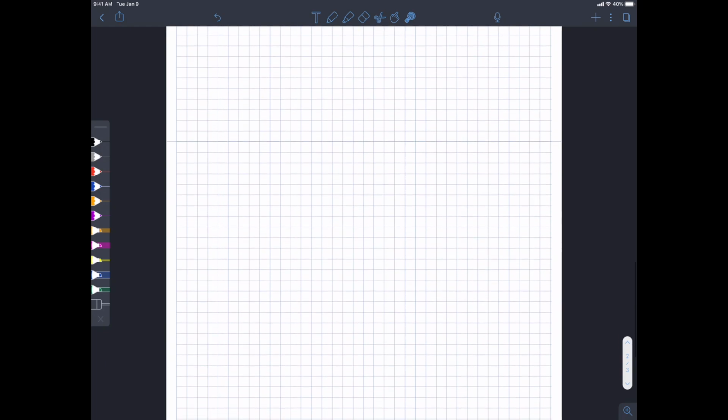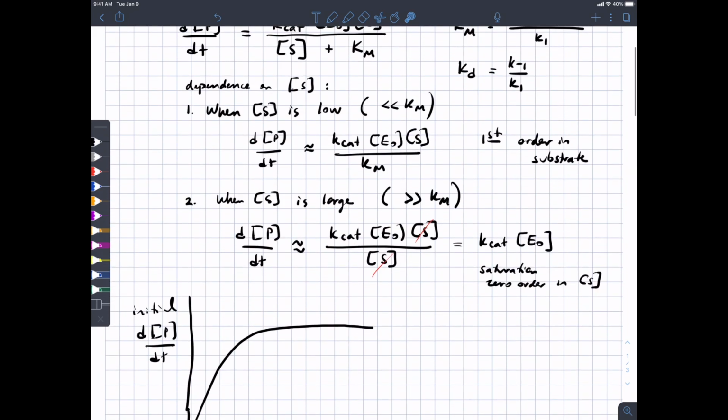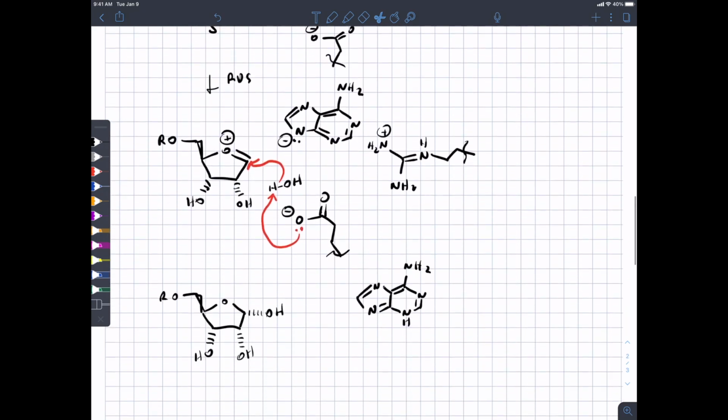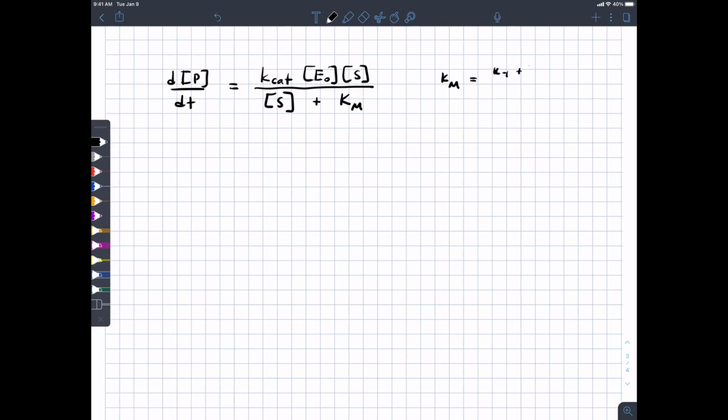And I'm going to copy down the Michaelis-Menten equation again. All right. And maybe we'll copy down this: Km equals K minus 1 plus K cat over K1, and maybe we'll remember that Kd equals K minus 1 over K1.